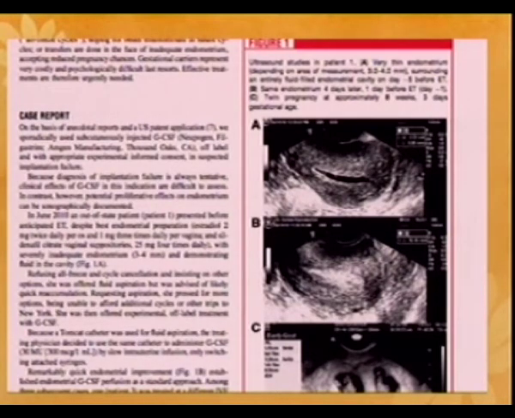So the second option she was given was that we will aspirate with a Tom Cat catheter, infuse the G-CSF on the day of pickup, and in case the endometrium is doing well, at more than 7 millimeters, we will go ahead. So they aspirated on the day of HCG, infused the G-CSF, and the patient was put on vaginal progesterone 4 times daily and estradiol 2 milligrams BD.